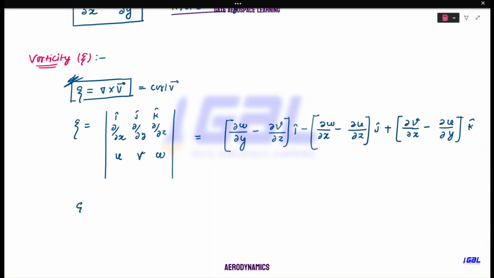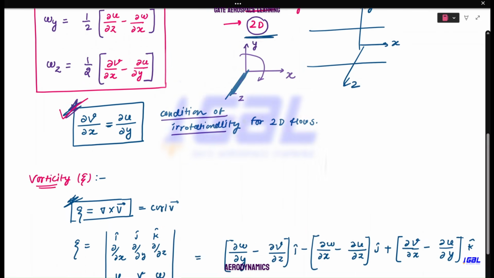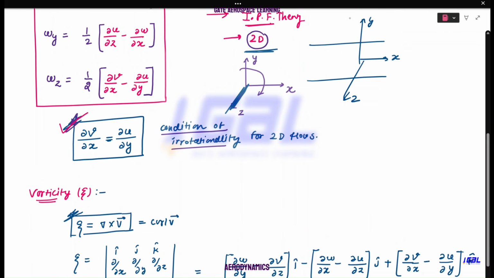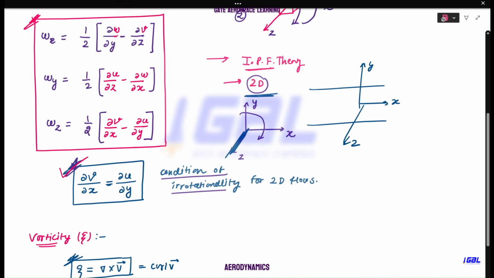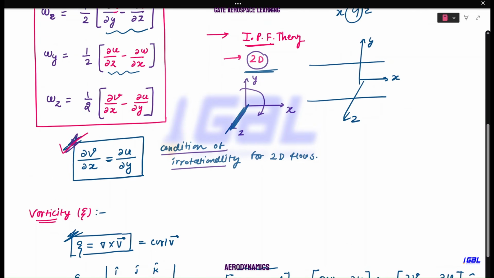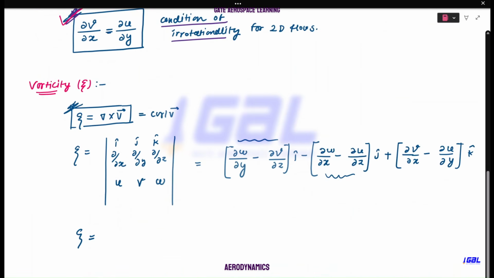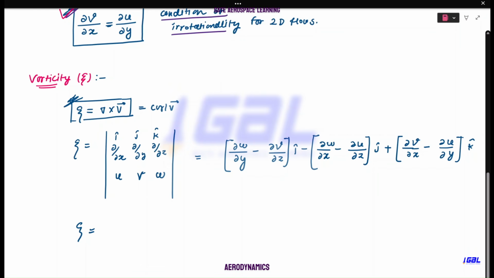Now please see this carefully. Now understand these terms. If you see this carefully, this is the reverse of that, which means the negative of angular velocity about the y-axis. And if you see this one, it is omega z, isn't it? This component is omega z. So now what we can do is reverse the position. This will become z, this will become x, and this will become u, this will become w.